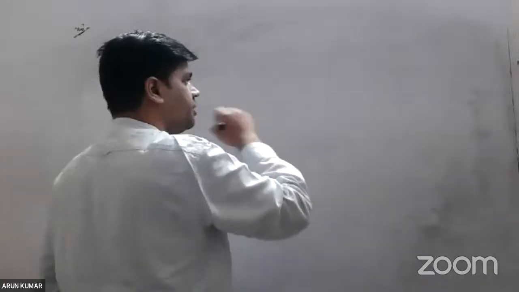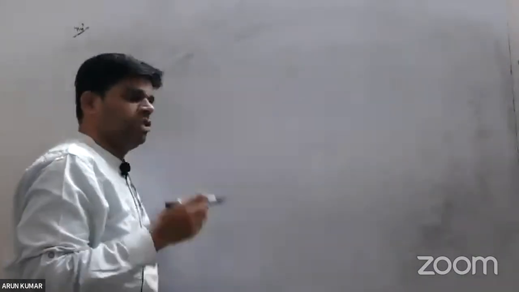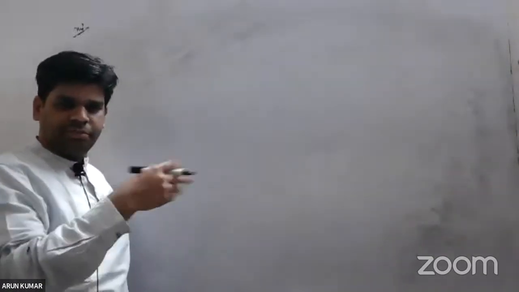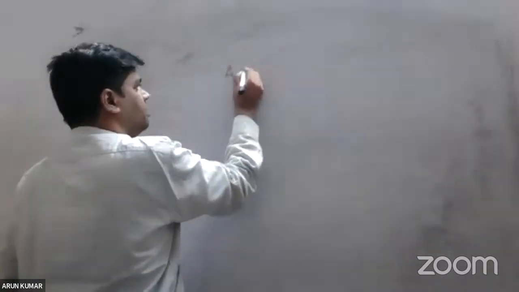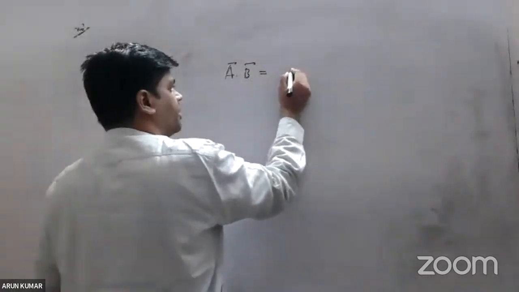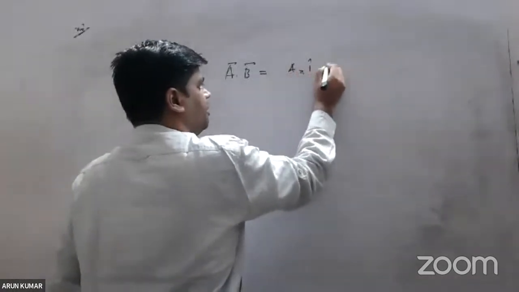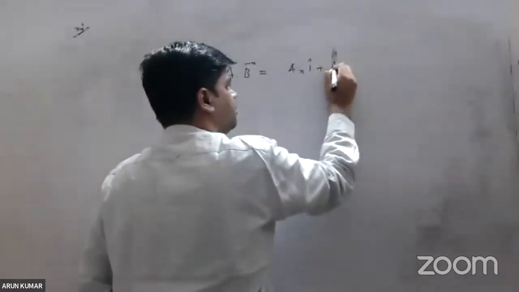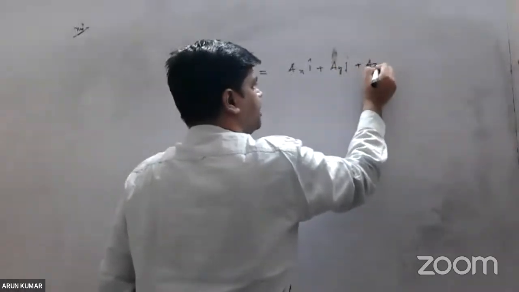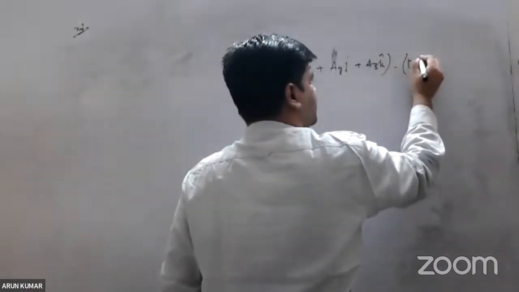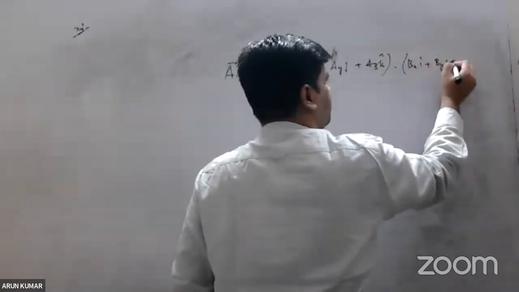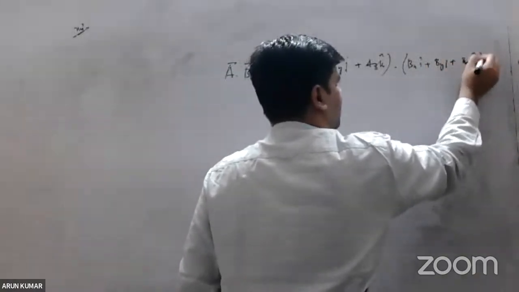All right, we were talking about how to find the dot product of two vectors algebraically. Geometrically, we have seen one is a projection of the other, and we have seen all those projections. Why is it called a projection product? But right now, let's see algebraically how to manipulate vectors to find the dot product. Ax i cap plus ay j cap plus az k cap dot bx i cap plus by j cap plus bz k cap.